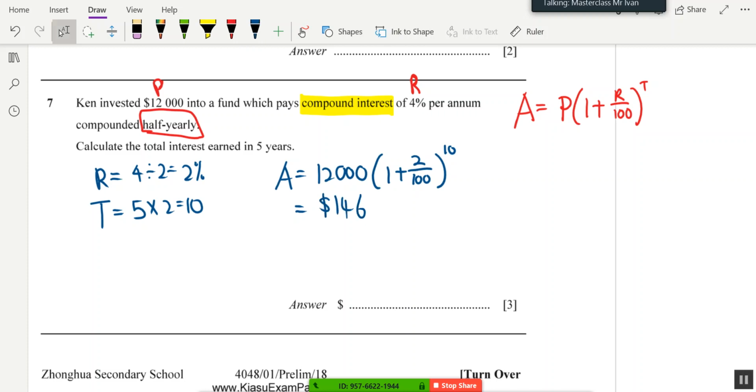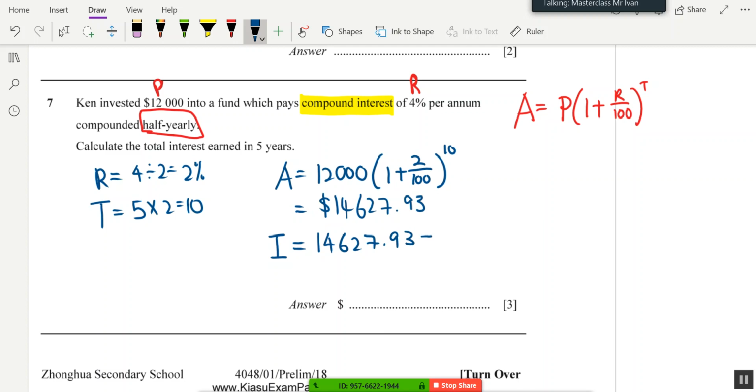14,627.93. Money must always be put into decimal places. And this is where you will put this as a final answer, but it's wrong. Because you find the amount already, so you need to take this amount minus the principal.